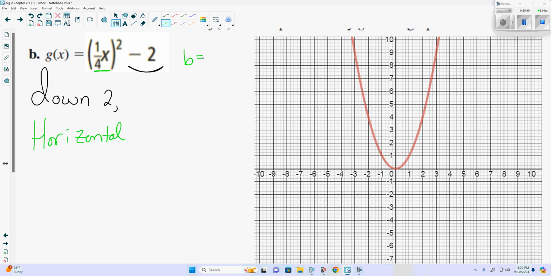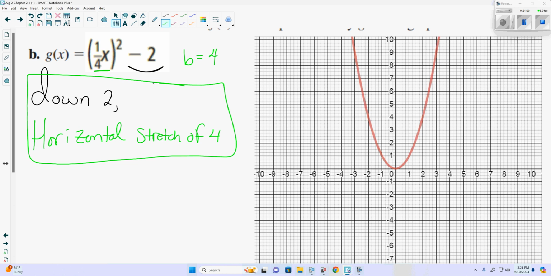Before we determine if it's a stretch or shrink, we need to take that value that they gave us and flip it. So it'd be 4. So this would be a horizontal stretch.